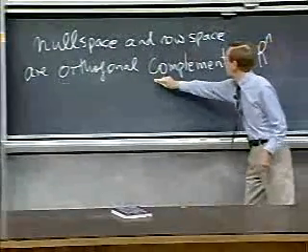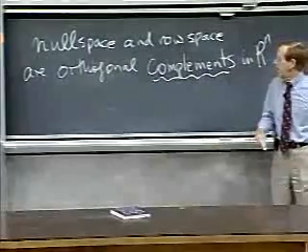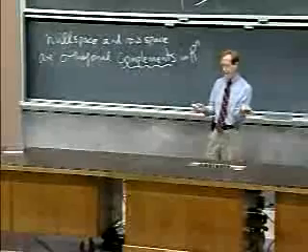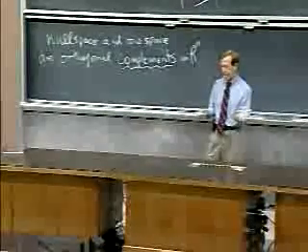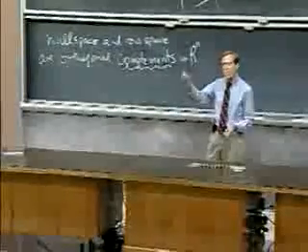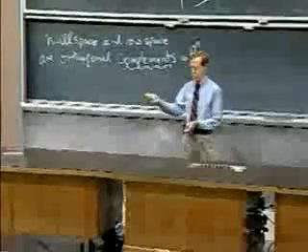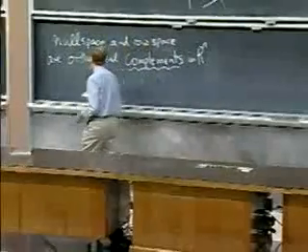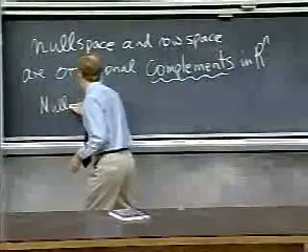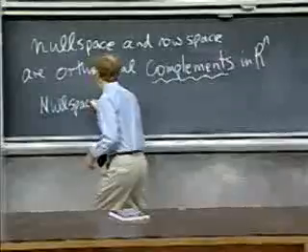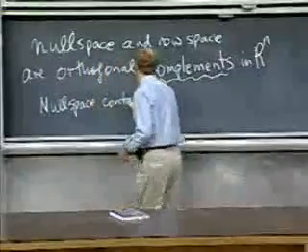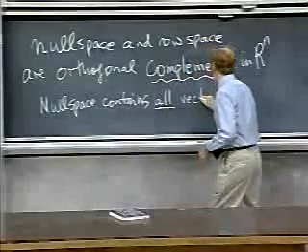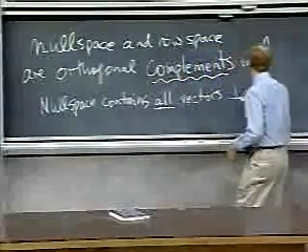The idea of this word complement is that the orthogonal complement of a row space contains not just some vectors that are orthogonal to it, but all. That means that the null space contains all, not just some, but all vectors that are perpendicular to the row space.